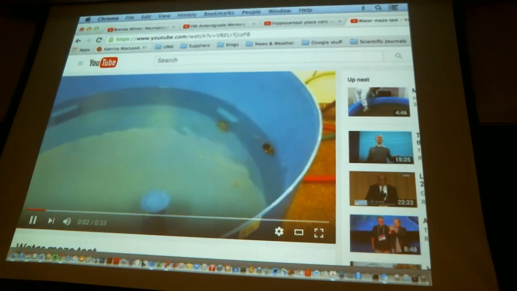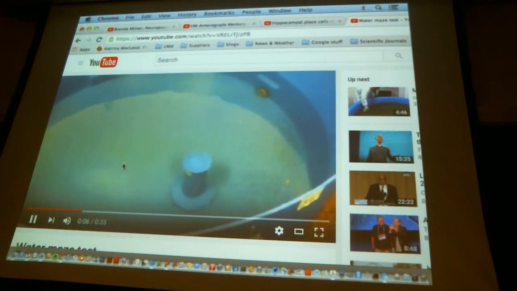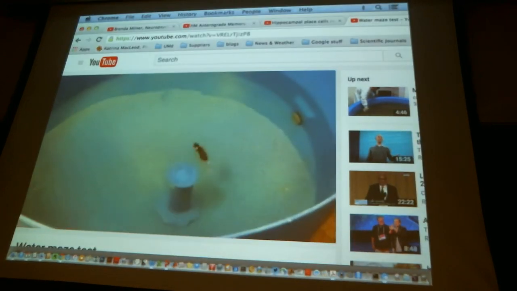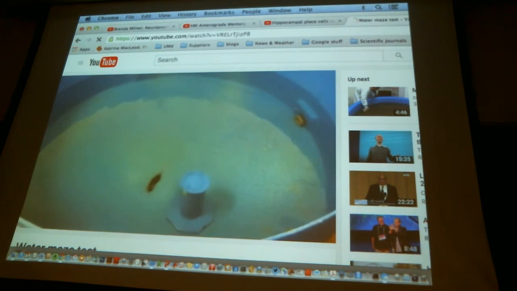Okay, so here's the little mouse. He's swimming around. I don't think this is very long, just to give you an idea. He swims and he swims and he goes right by it. And he swims and he swims.